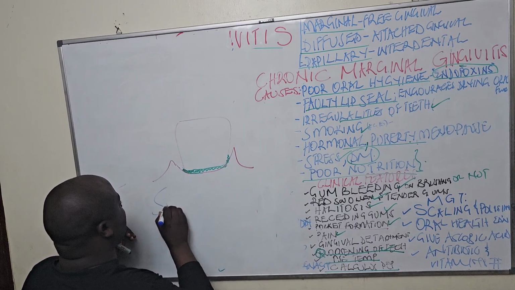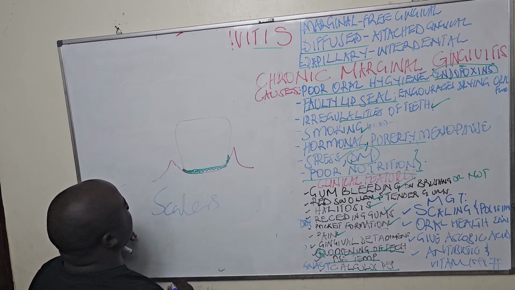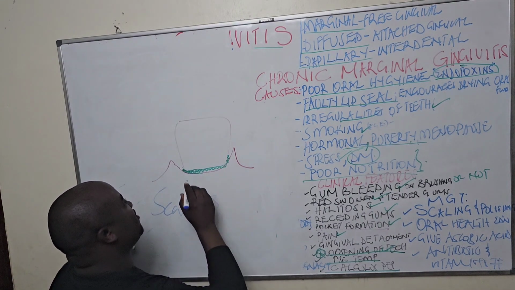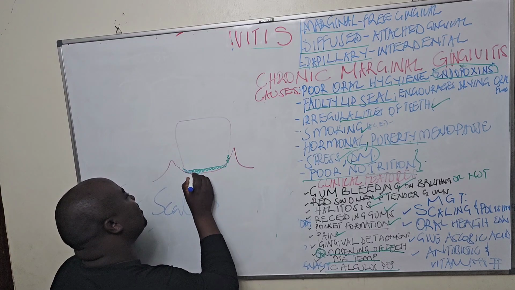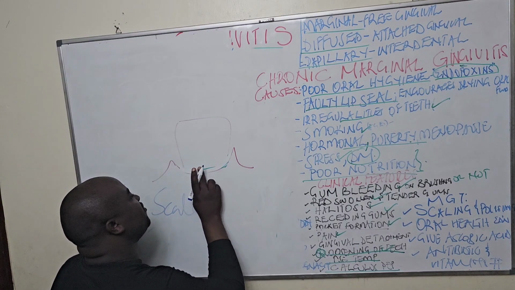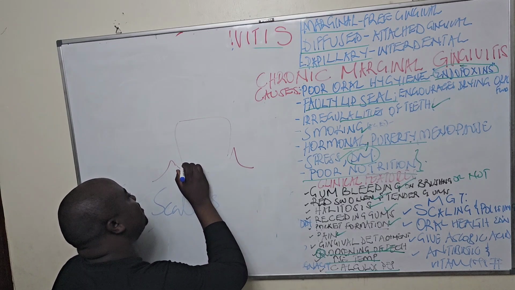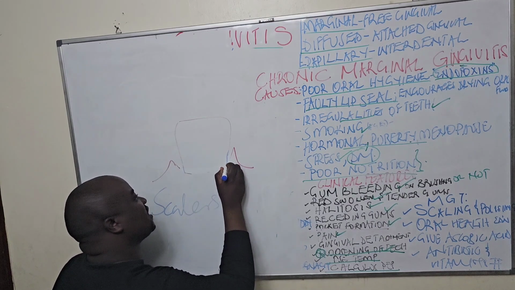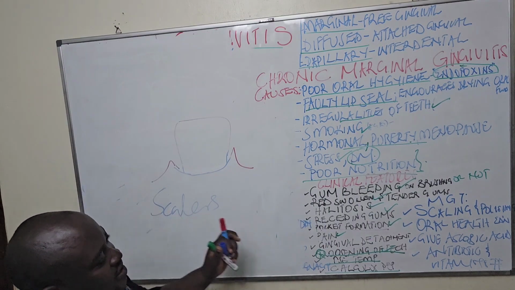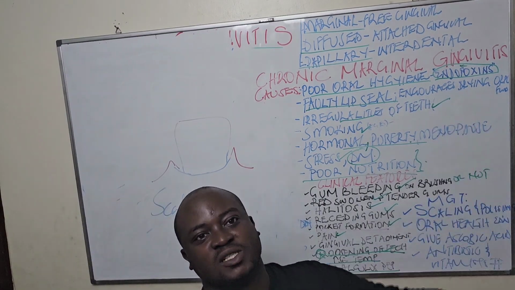We can use scalers, we can use ultrasonic scalers, which can vibrate around here, removing what? All this area, removing the calculus. But this type of cleaning of the gum is what we call what? Scaling and polishing.